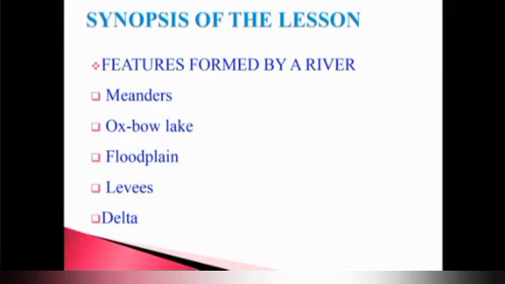Synopsis of the lesson. In this session, we are going to see the following topics. The first one is features formed by a river. Under this, we are going to see meanders, oxbow lake, floodplain, levees and delta.